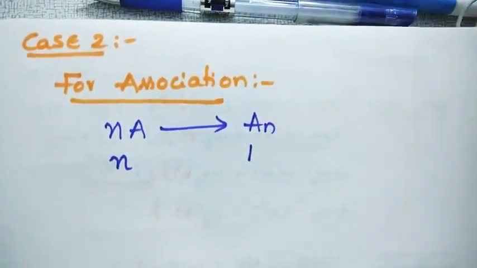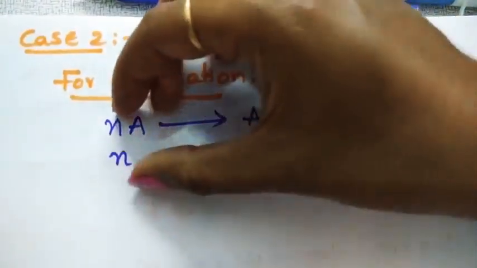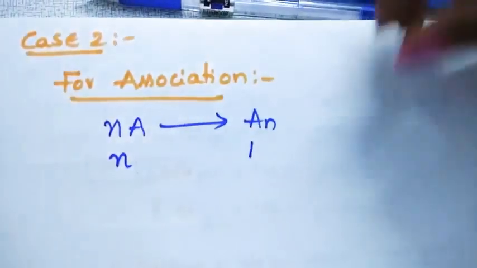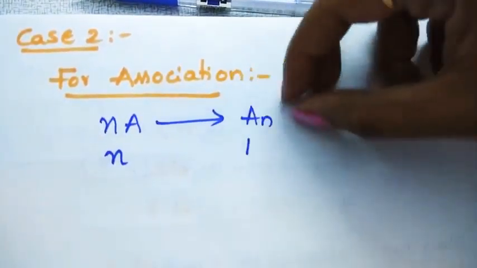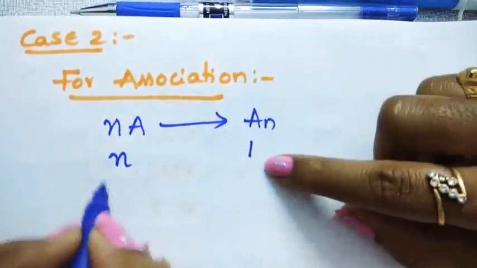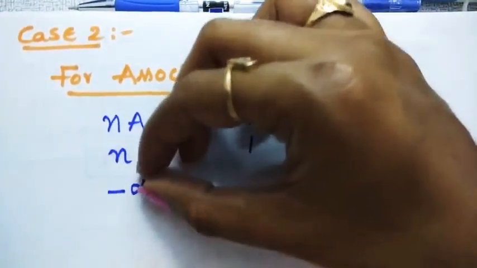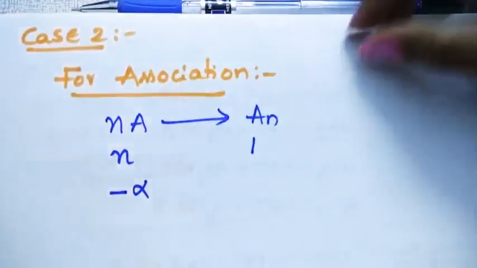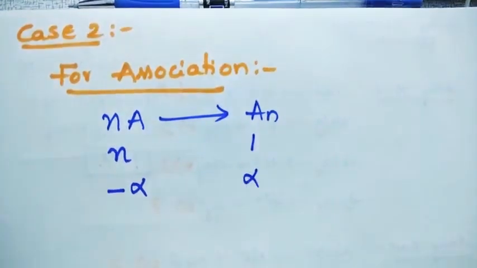But at equilibrium, some moles of A are converted into 1 mole, meaning it is forming An. So alpha is the degree of association, meaning these many moles of A are converting into An, and this is forming alpha.